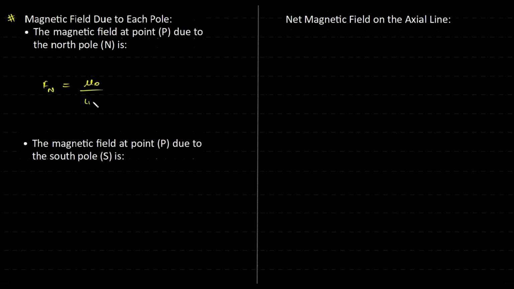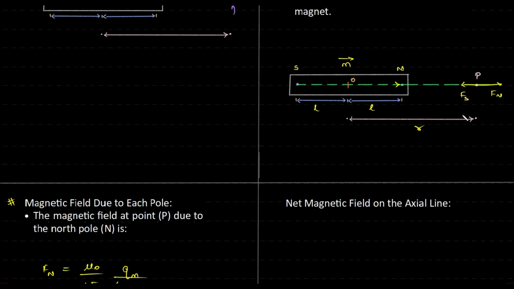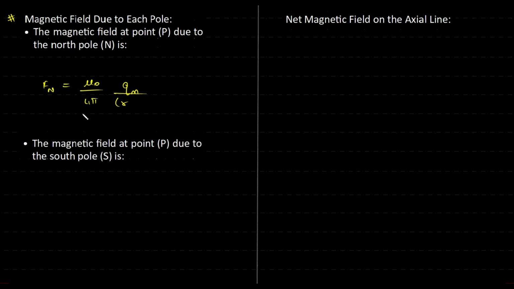It will be mu naught by 4 pi, qm divided by r minus L, the whole square, since the length from here till here is r minus L. It is in the direction of i cap, the positive direction of the x-axis, considering the magnet is along the x-axis.